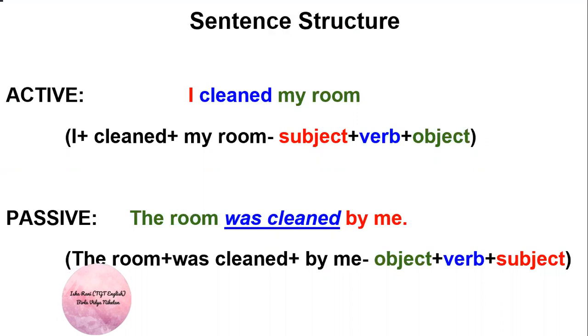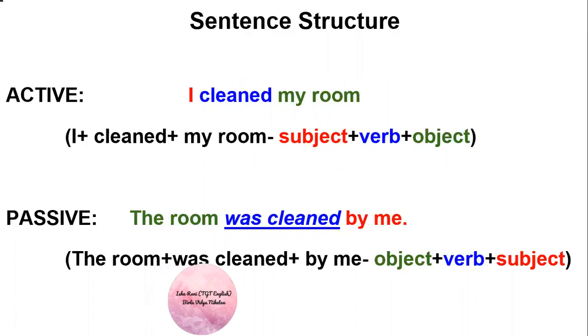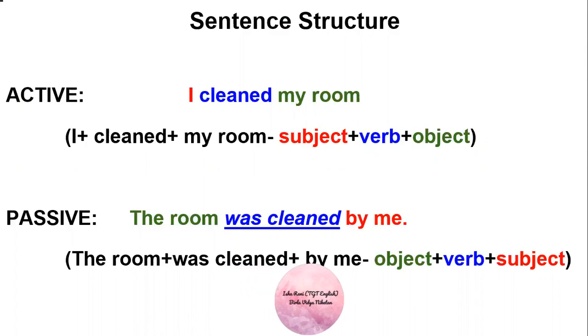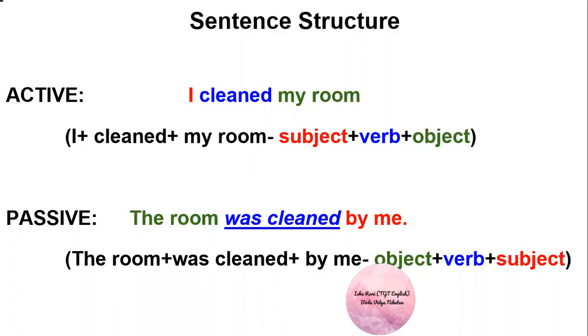But now, you want to focus on the object and not the subject. That's when the passive voice comes into picture. So, this sentence can be written or spoken in the passive voice as the room was cleaned today by me. So, you see, in active voice, your subject is important, while in the passive voice, your object becomes important.